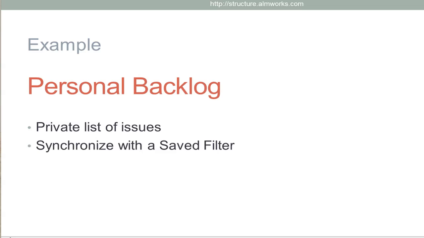And then I will install a saved filter synchronizer, and the saved filter will go something like assignee equals me. So in this structure, I will always have all issues assigned to me, and as they are getting resolved, they will be removed from this structure automatically. And within the structure, I can rearrange them as I see fit, and that supposedly will help me in doing my work quicker.